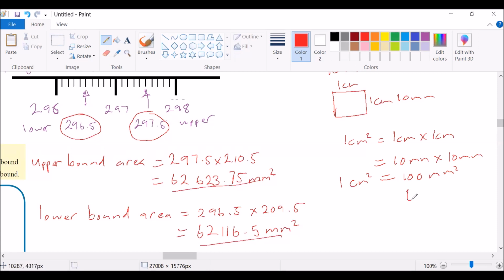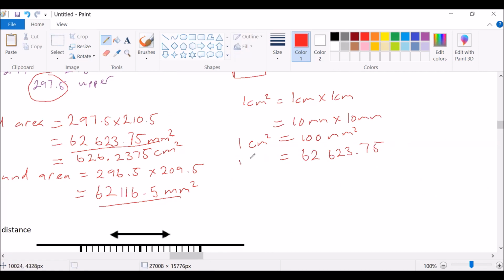What about 62,623.75 square millimeters? Would be more, since this is bigger than that. So if we have a ratio like that, where we have more, the bigger number will go on top.